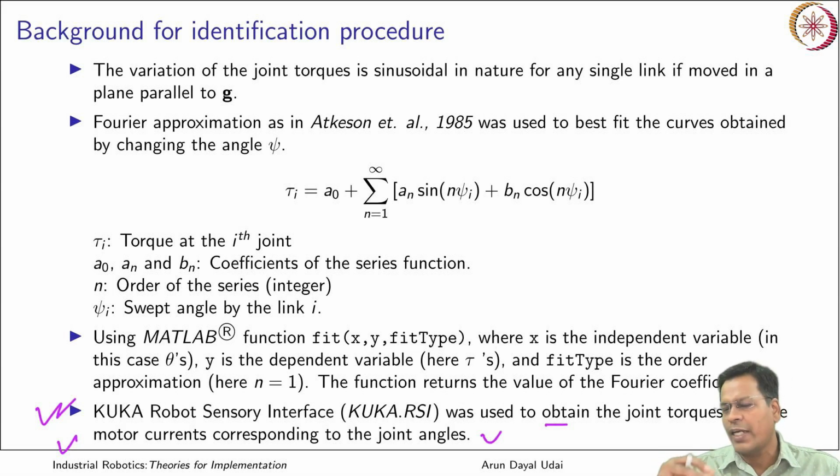Mind you, this robot doesn't have any inbuilt torque sensor at its joints, so probably it has a model of its motor, because you can measure the current, so using that current it effectively calculates the torque and gives it to you using KUKA RSI. Okay, so I'll be obtaining that torque basically.